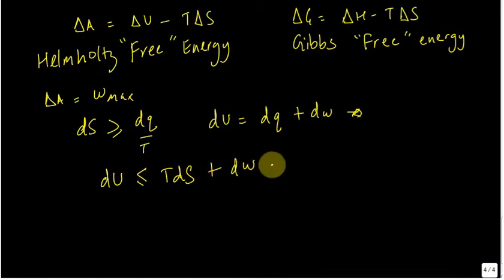And what this gives you is that dW in turn would be greater than or equal to dU minus TdS. Now, I'm trying to extract work out of the system, so dW has to be a negative number, and I need a large negative number. So it says dW is greater than or equal to this. If it's greater than, then it's a smaller amount of work because it's a small negative number. If it's equal to, then that's the maximum amount.